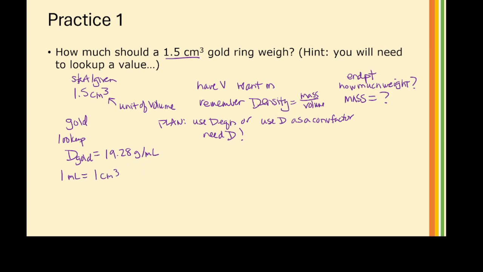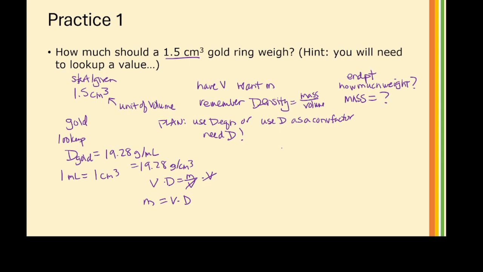They're equivalent, so this also equals 19.28 grams per cubic centimeter. If I'm going to use the equation, I want the mass, so I want to isolate M. I multiply both sides by V, and I get mass equals volume times density.